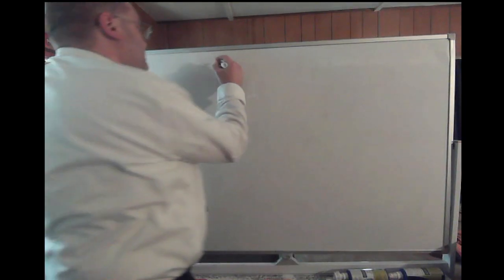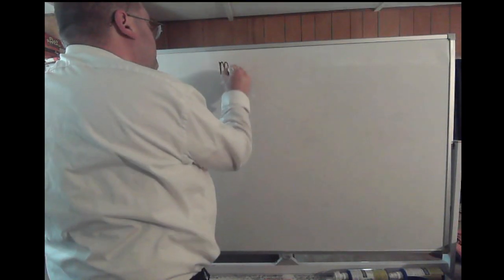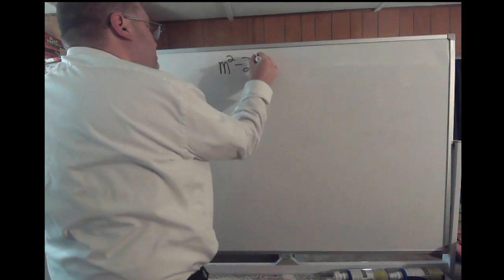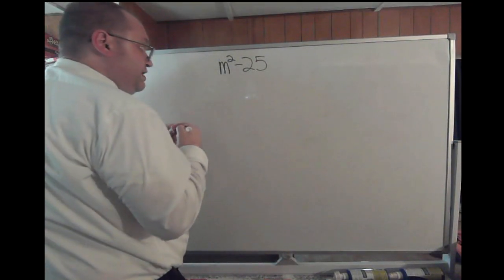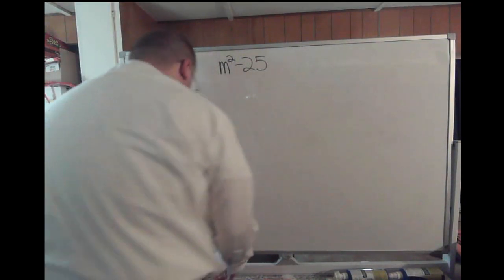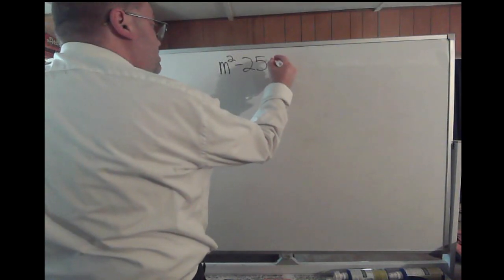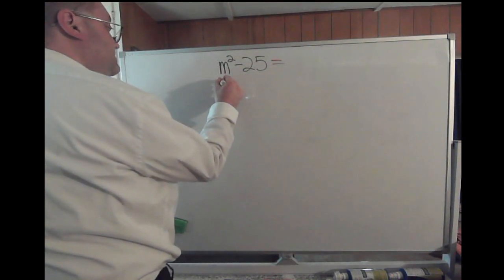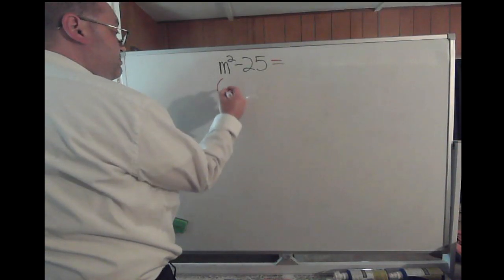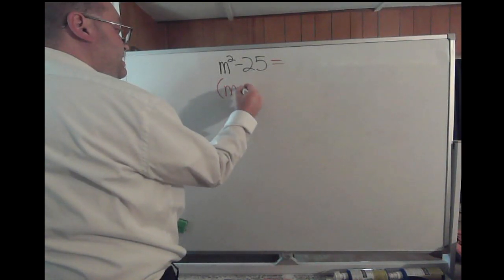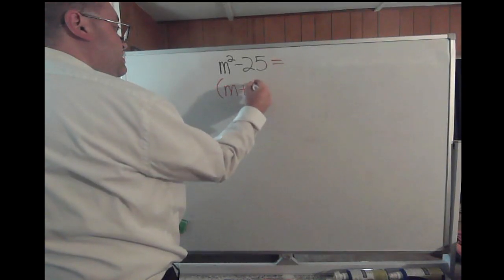Alright, let's see here. Let's say we have the perfect square binomial of m squared minus 25. Well, start a parenthesis, take the square root of m squared, which would be m, the square root of 25, that's plus 5.